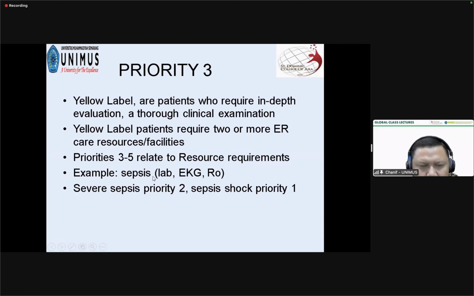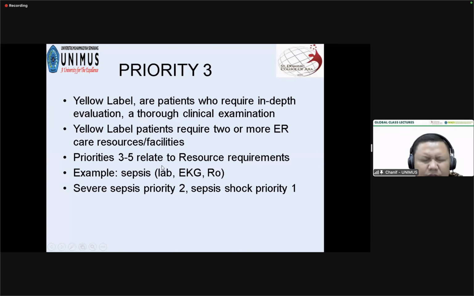For example, patient with sepsis. For the patient with sepsis, septicemia, they need some resources like laboratory, ECG, Ronsen, and etc. So, if we see from this condition, it is patient in priority 3.